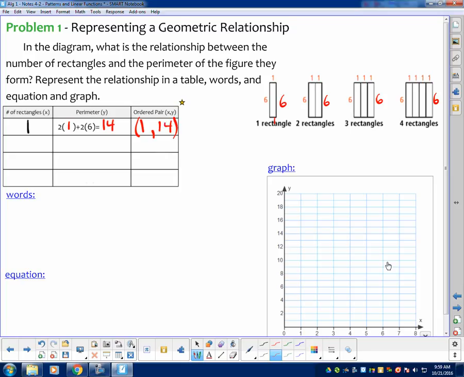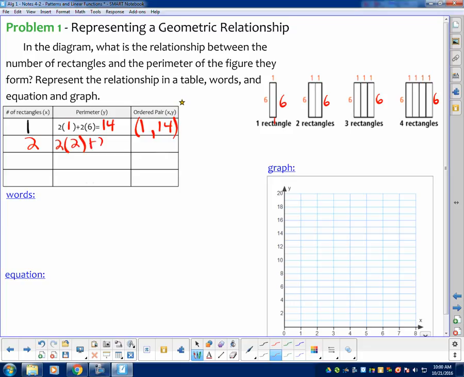So we have a collection of points here. As we add another rectangle to the width, what is the new perimeter? We're looking for a pattern. It will be linear. With 2 rectangles, I have 2 ones, so it's gone from a width of 1 to a width of 2.